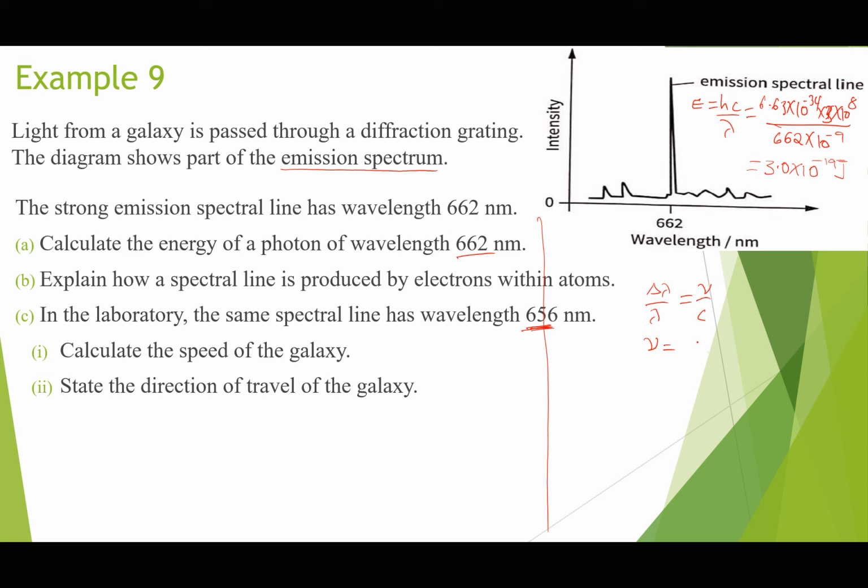So v is equal to the change in wavelength, 662 minus 656, divided by the wavelength in the laboratory, 656, times 3 times 10 to the power of 8.